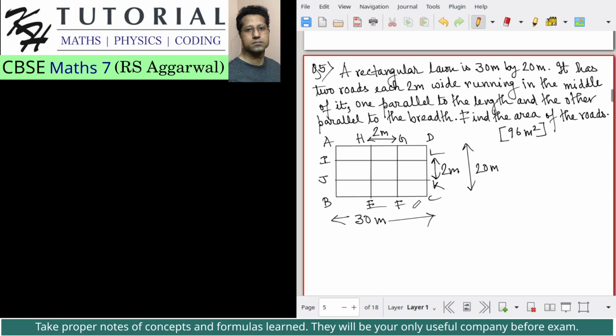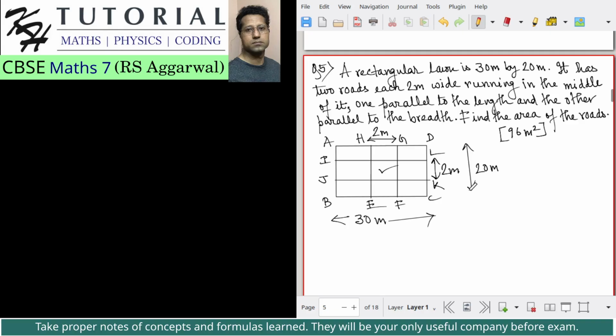We have to find the area of the roads. Now we see that the 2 roads are having a common area. This is the common area.